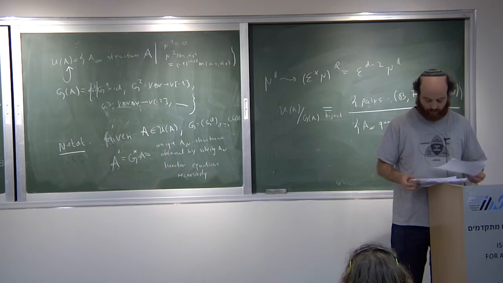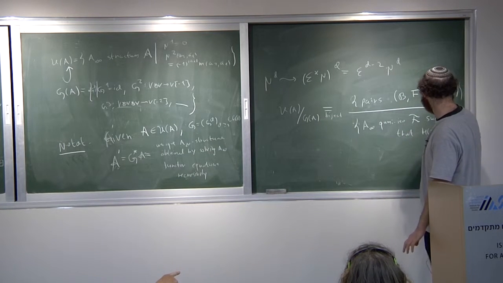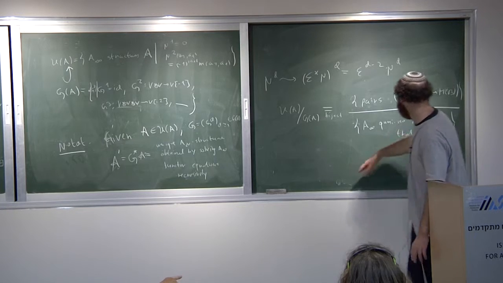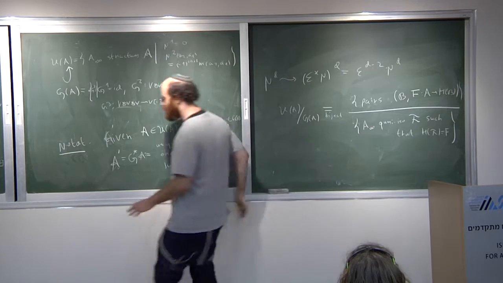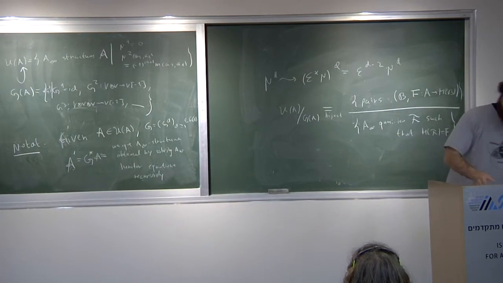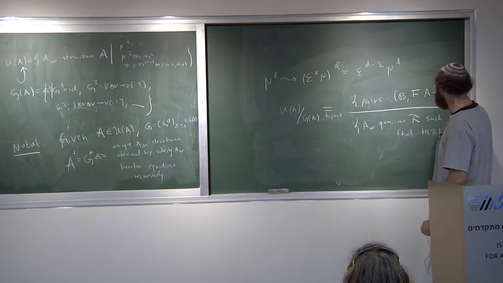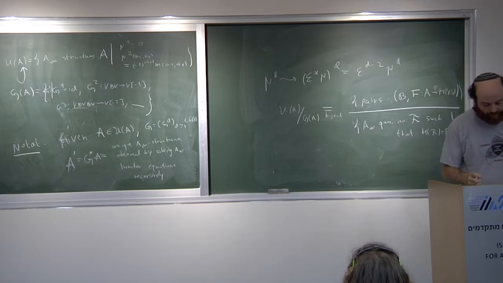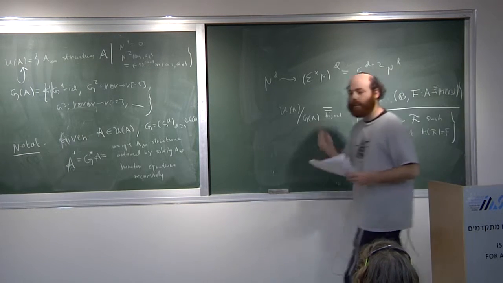So the homology of A is equal to H. Yes, this F from A to HB is a normal one. Okay. So far this is good.